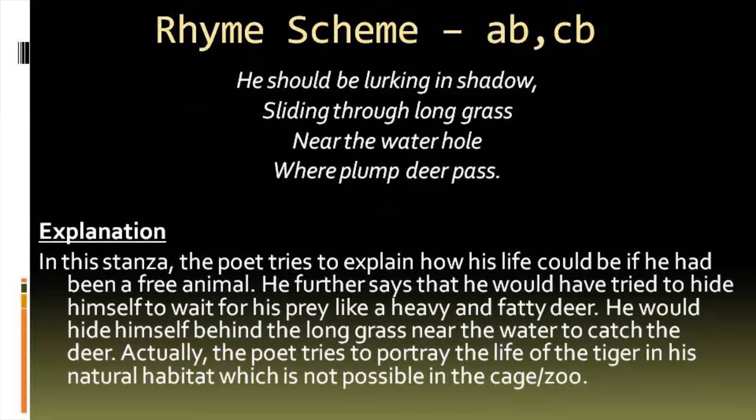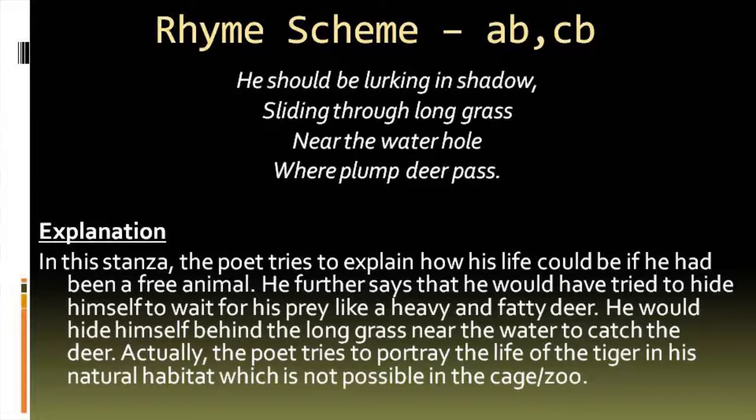Where? Near the water hole. Near the water hole means the pond, or any water body where plump deer pass. Plump means very heavy, very full of meat. Deer is an animal. Pass means passes. So the poet is saying that if he were free, he would be hiding himself or walking through the long grass very silently, waiting for his prey.